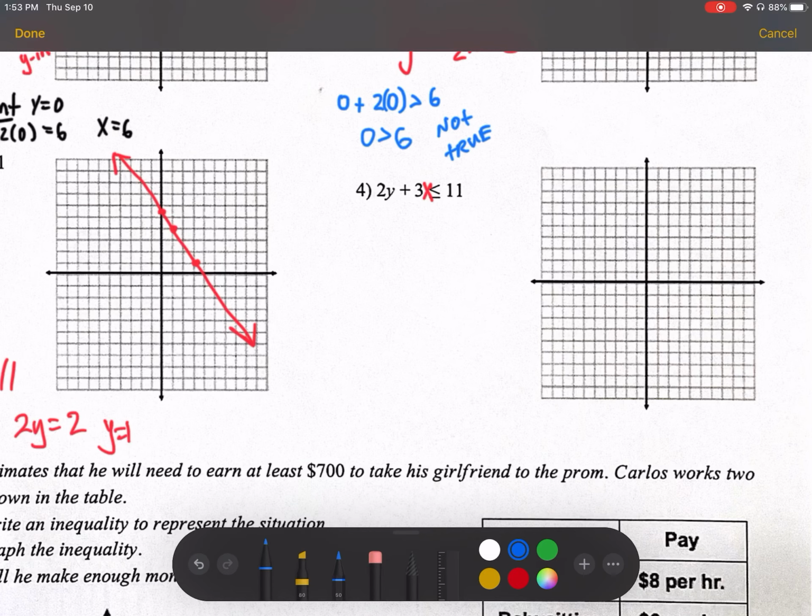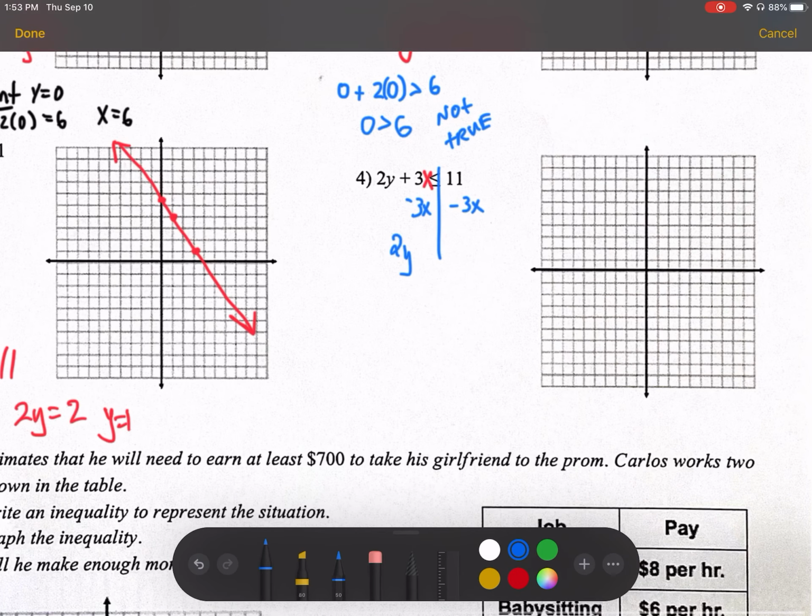Okay, so same concept over here, except we have an inequality. We already know points on the line, but just for the sake of doing it another way, let's solve for y here. So let's move our x over. So 2y is less than or equal to negative 3x plus 11.